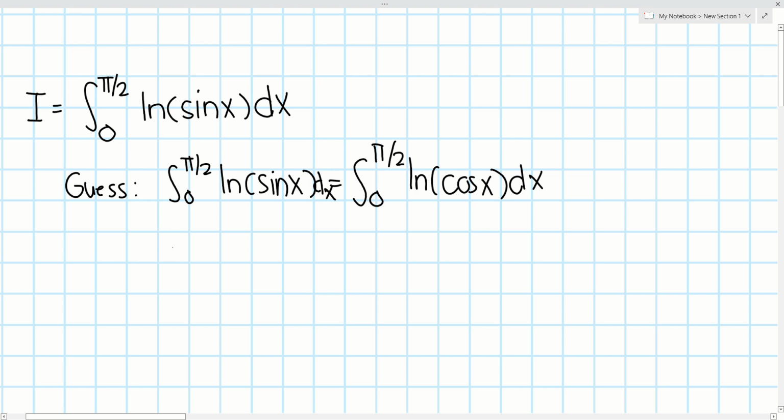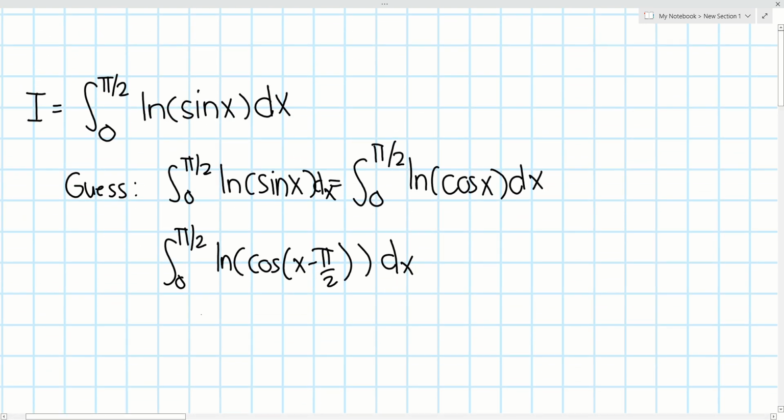So we have 0 to pi over 2. What is ln of sine x in terms of cos x? Basically, ln of sine x in terms of cos x is ln of cos of x minus pi over 2, dx.